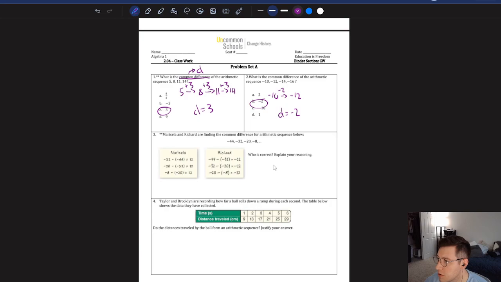And so now take a look at number 3, right? If we're trying to figure out who's doing this correctly, we have that Richard is saying, hey, our common difference should be negative 12, and Maricela saying, well, no, it should be positive 12. And so let's take a look. If I have negative 44, and I'm curious on how we go to negative 32, well, what I'm really doing, right, and the math that we didn't really show up above, was I'm actually taking that negative 32 and I'm subtracting the negative 44, right?